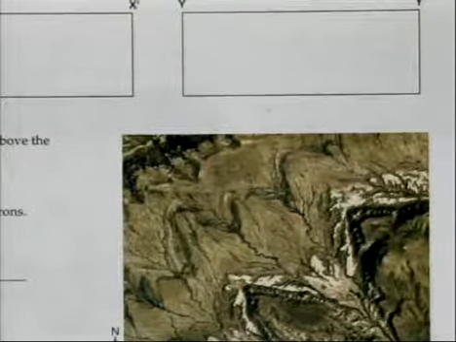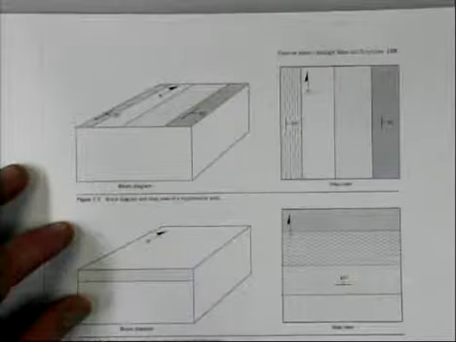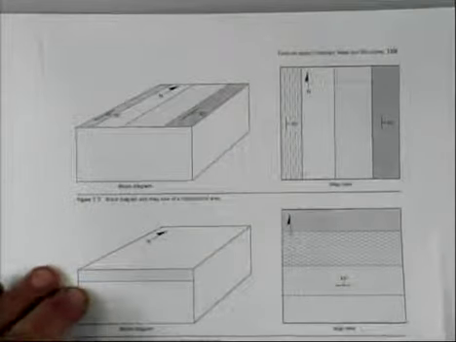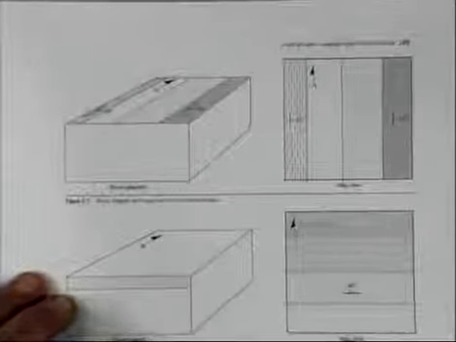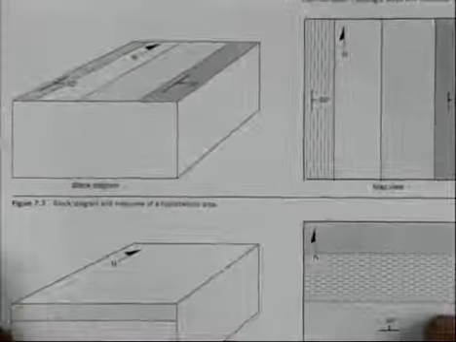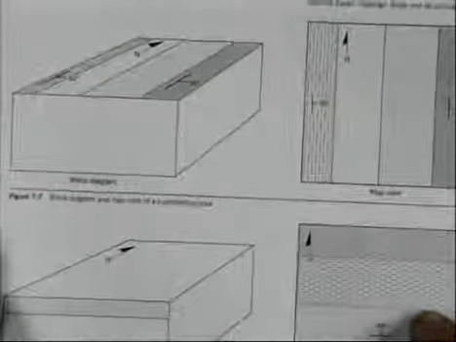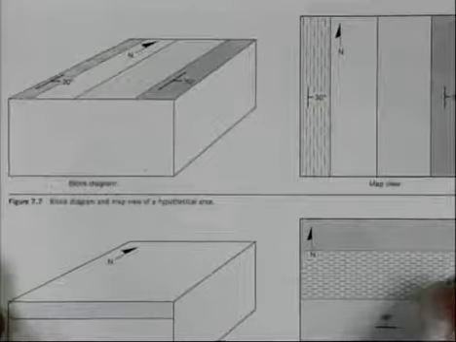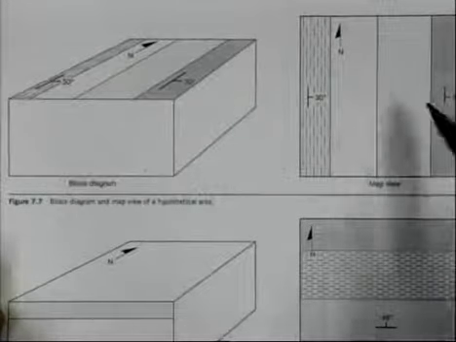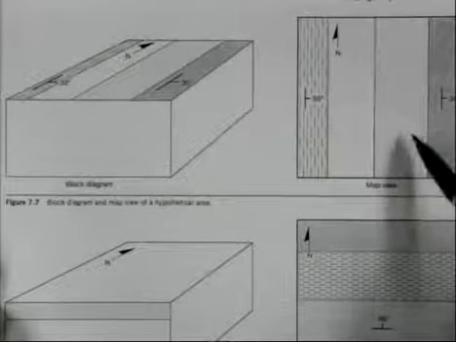Now I'd like to complete just a couple of these for you on some sample blocks. These blocks are not in your textbook, so you won't find them in your materials, but hopefully this exercise will help you understand how to complete some of these diagrams. We've got a map view of some rock layers outcropping at the surface, accompanied by strike dip symbols.